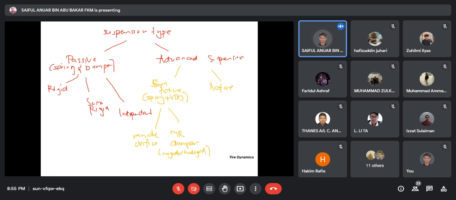And then for the MR damper, it's actually using what we call magnetorheological fluid, and this fluid comprises iron particles mixed together with a carrier fluid, typically oil.